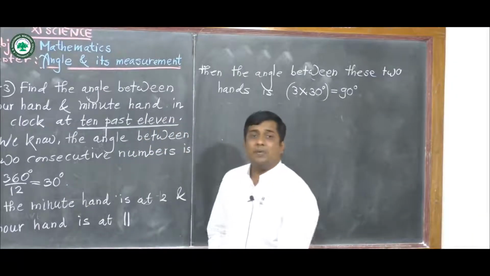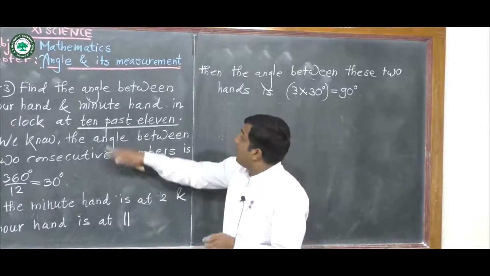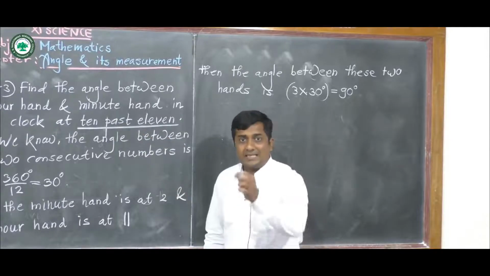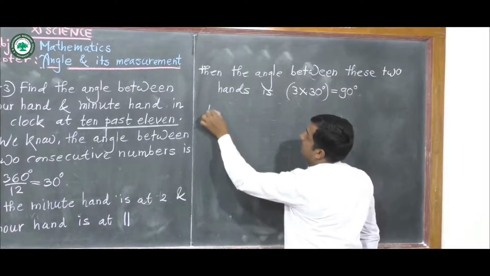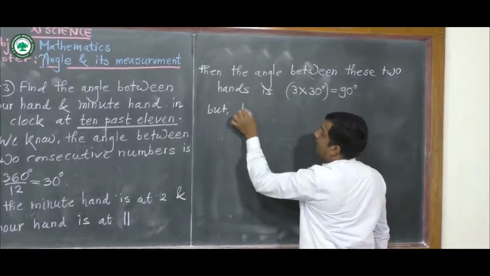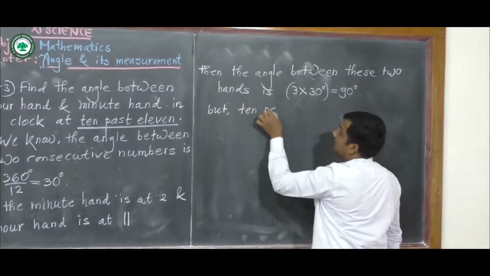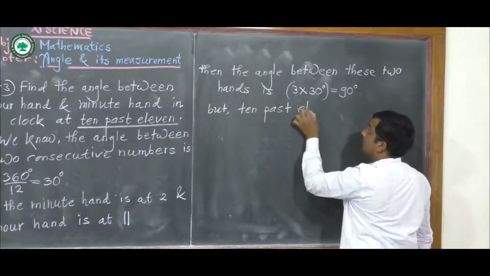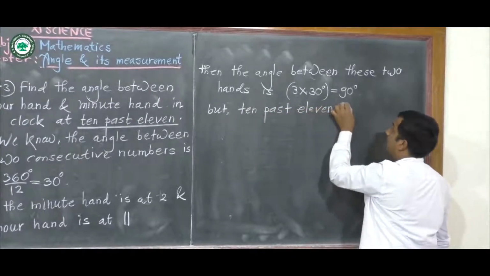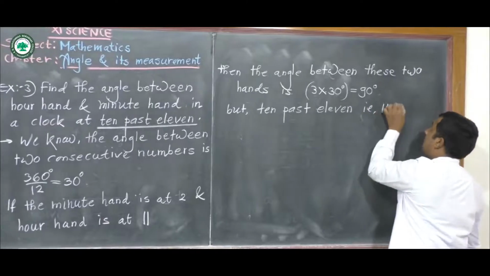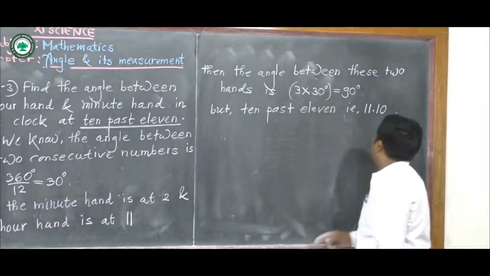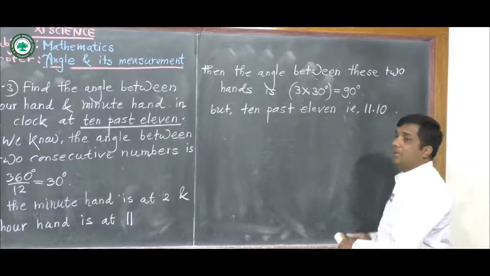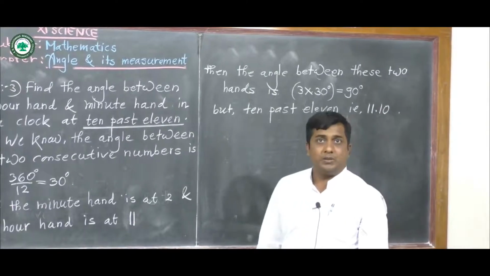Here the time given is 10 past 11, that is 11:10. Now we have to find the angle for these 10 minutes.